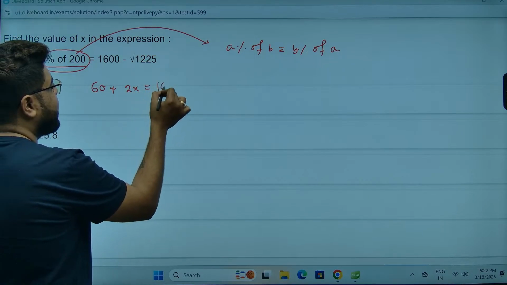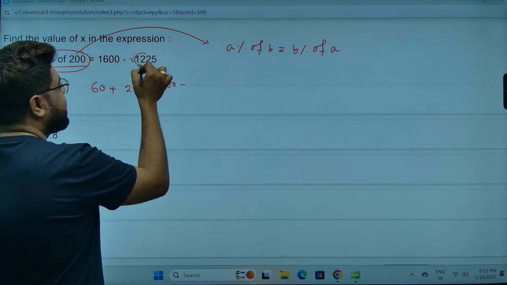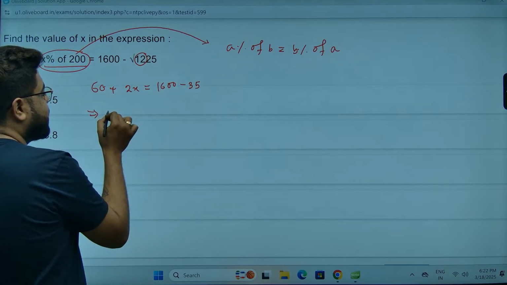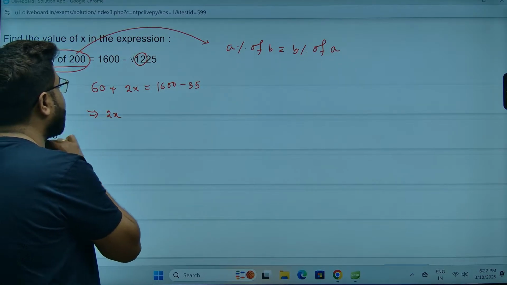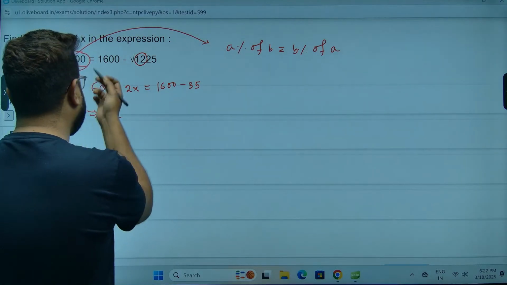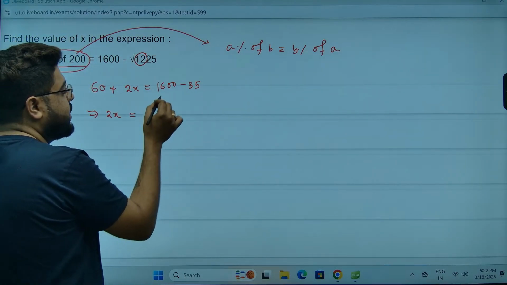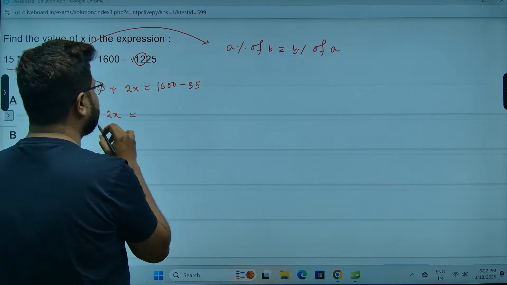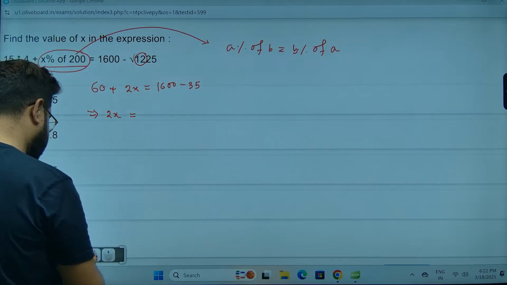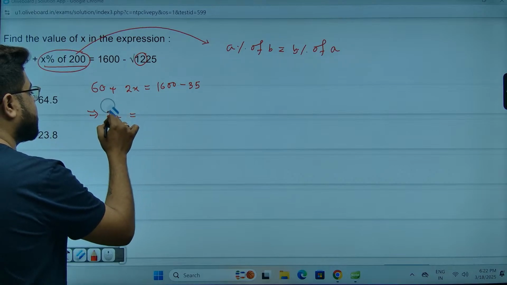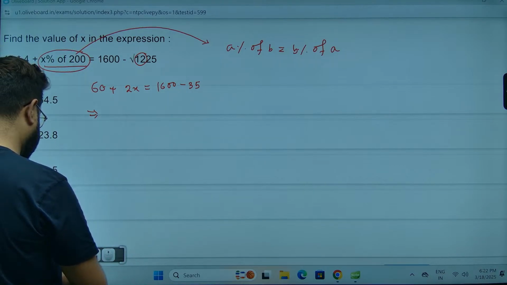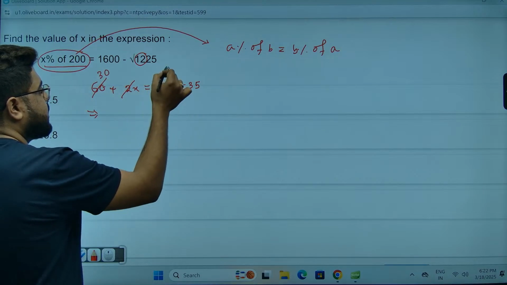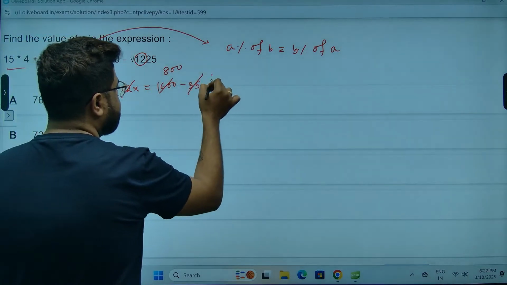Sir, it is 1600 minus 35 squared. So the 2x value will be, all are having 0.5. Let's do one thing. Because I am having this 2, divide by 2, and this, this, and this are 17 and a half.